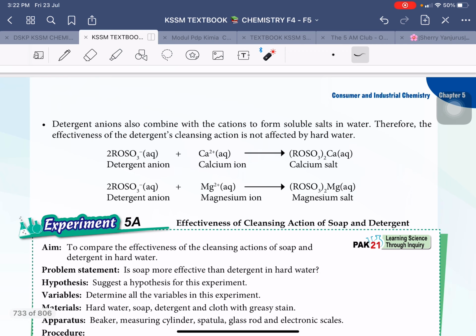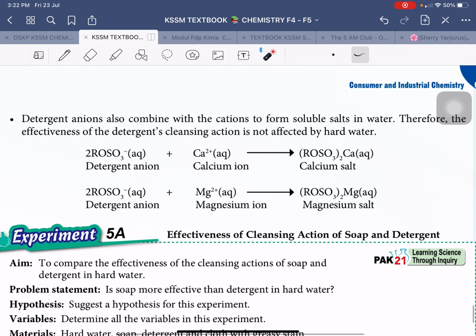But detergent pula, if you use detergent, ini detergent kan, ada OSO3-. This is detergent. If you use detergent in hard water, dia punya cleansing action is very effective. Dia tidak akan affected by the hard water.